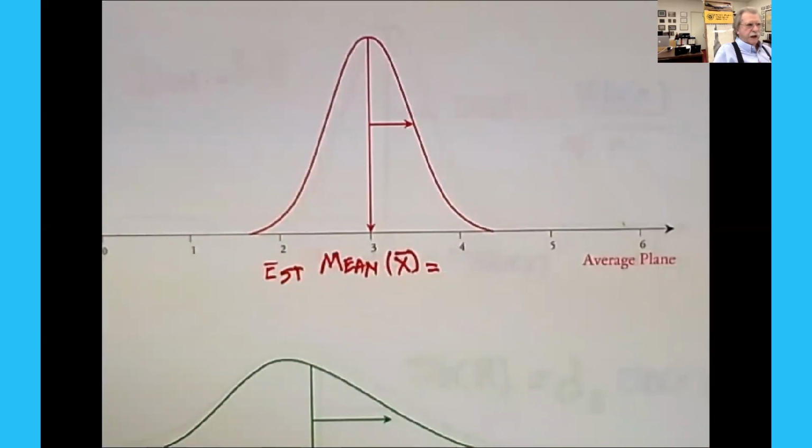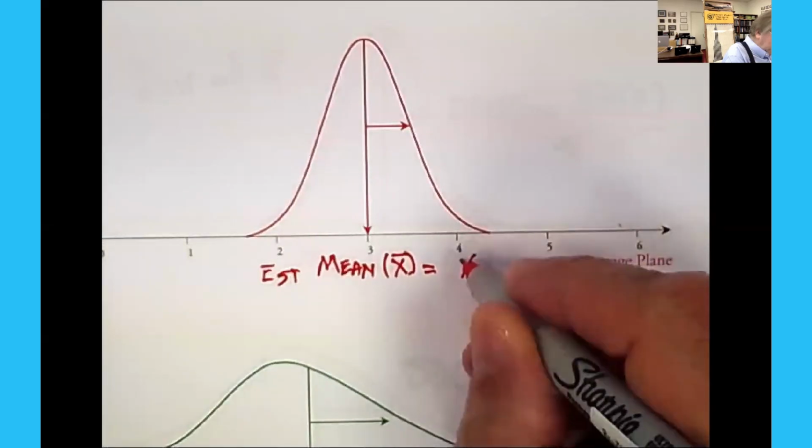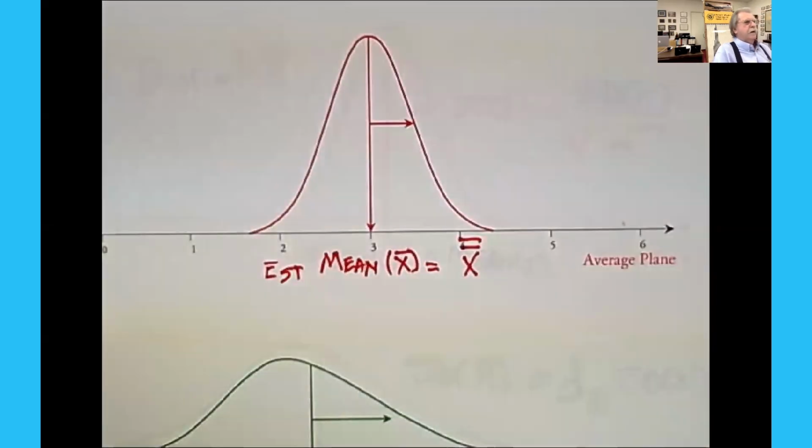The central line on the average chart was the average of the averages, called the grand average, x double bar, wasn't it? I mean, this is almost intuitive. I want to estimate the mean of x bar. I use the average of the x bars to do it. Now see, I know average and mean are synonyms in English, but here in this class, an average is a statistic and a mean is a parameter.